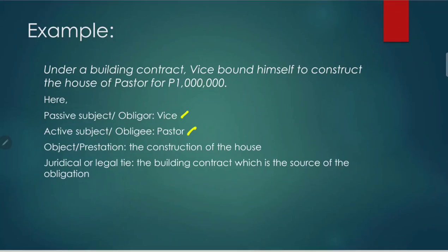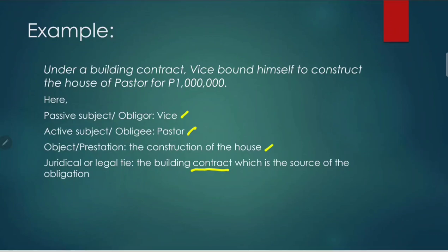And object or prestation, ano ba ang subject matter? Construction of the house. The construction of the house of Pastor. And lastly, juridical or legal tie, ano ba yung source ng obligation? The building contract. Building contract itself na in-enter ni Vice and Pastor.